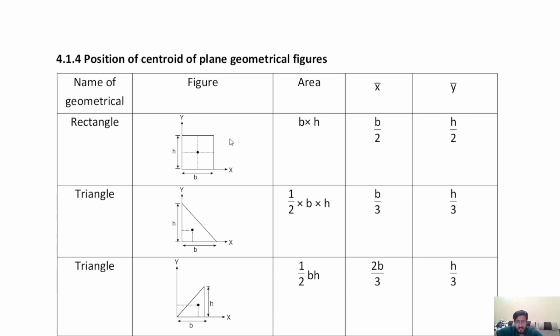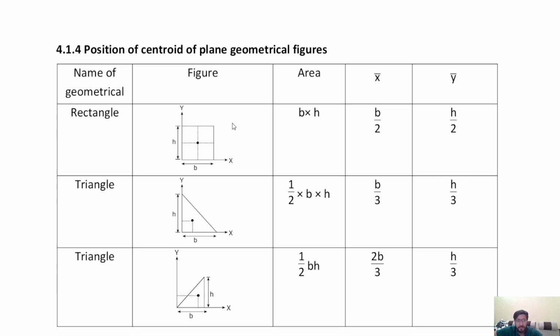First we can see the figure of a rectangle, where the base of the rectangle is b and the height is h. The area of this rectangle will be b into h, that means base into height, and the centroidal x distance, x bar, is equal to b by 2, meaning the centroid of the rectangle lies at this point.